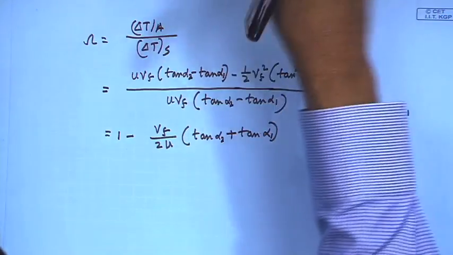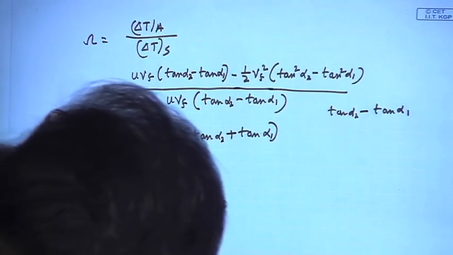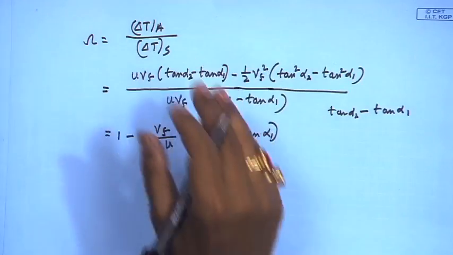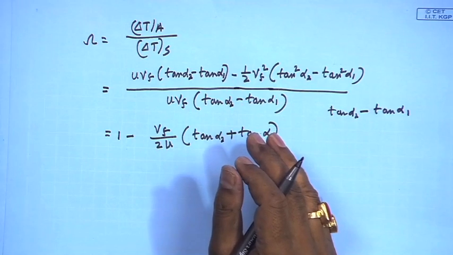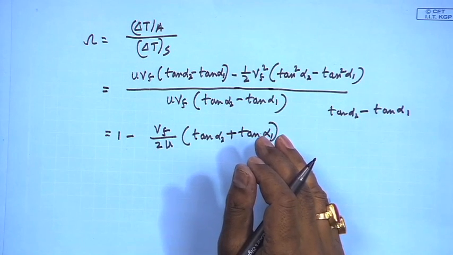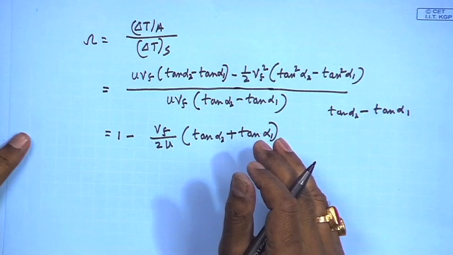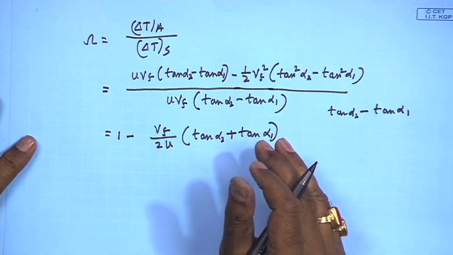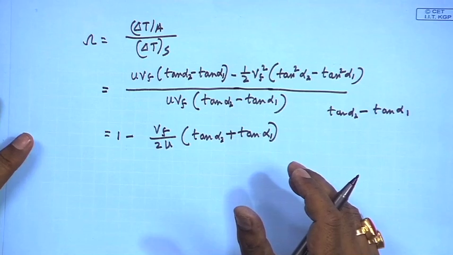The very beginning, which we did. If you see that thing at the beginning, u by Vf is tan alpha 2 minus tan alpha 1 and tan alpha 2 minus tan beta 1.